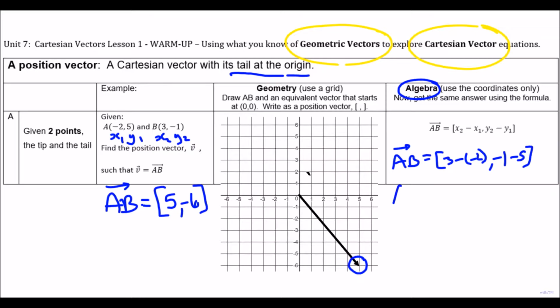If I do this quickly, AB is equal to (5, -6). So geometrically we did it here, and then algebraically, which is what we're really focusing on, there's our formula for converting any Cartesian vector to a position vector.